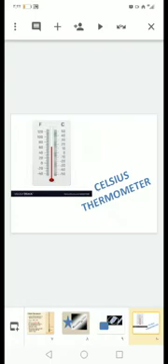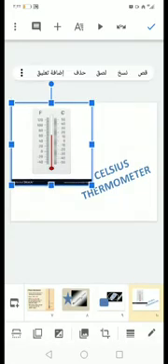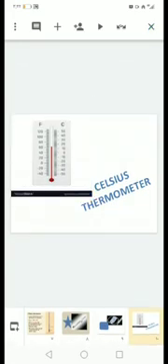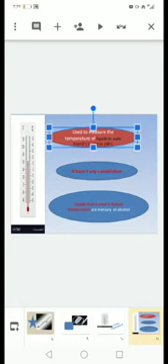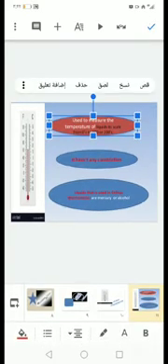Another type of thermometer is called the Celsius thermometer. This is its shape. The Celsius thermometer is used to measure the temperature of liquids only.